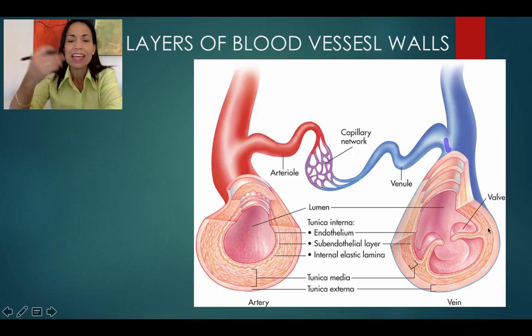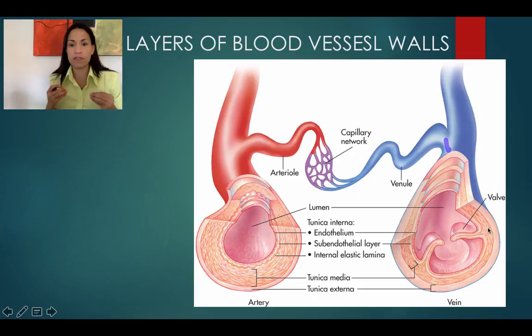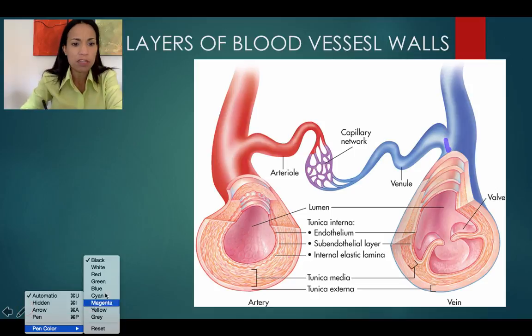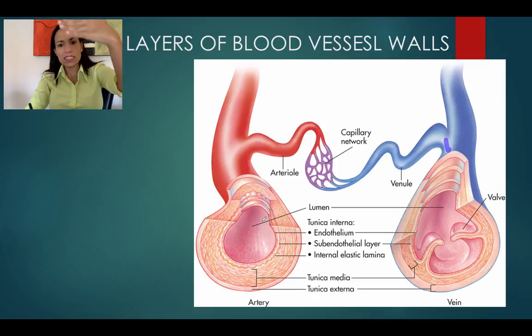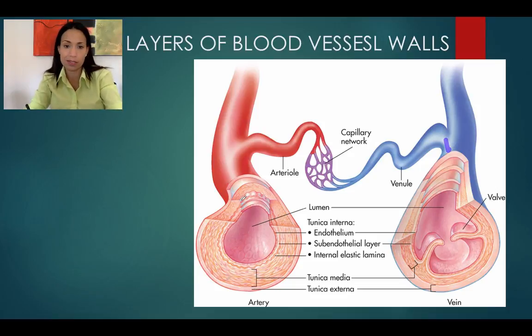Got it? Now, each of these blood vessels, well, let's describe all of them. These blood vessels have layers, okay? Here we can see a cross section of an artery, because they put it red, so it's an artery of the systemic circuit, and this is a vein in the systemic circuit.